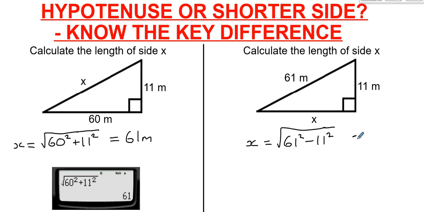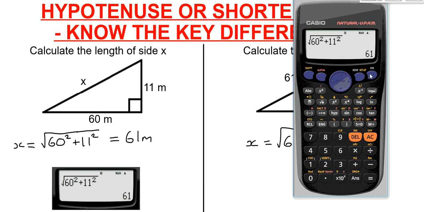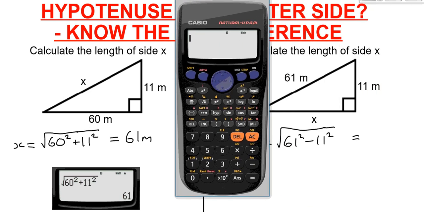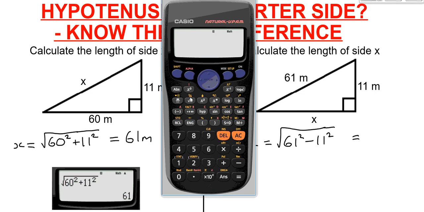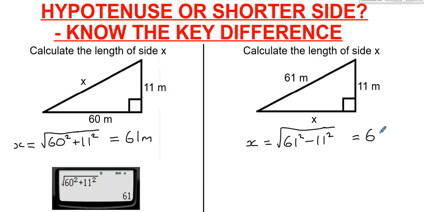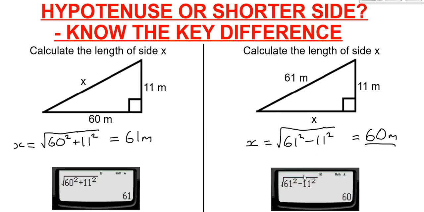If you put that into your calculator, you shouldn't be too surprised, based on the fact I've told you it's the same triangle, but you should find that it's 60. So 61 squared minus 11 squared equals 60. And the calculator image for this is this one. What I want you to do is have a look at these two calculator images and see just how similar they are.